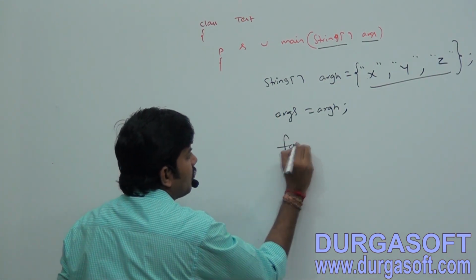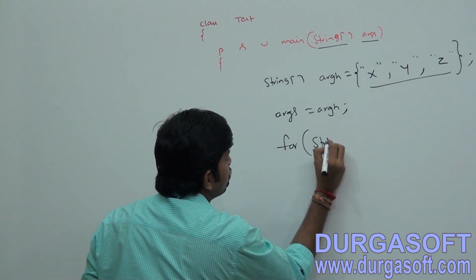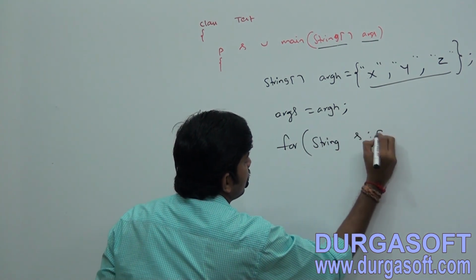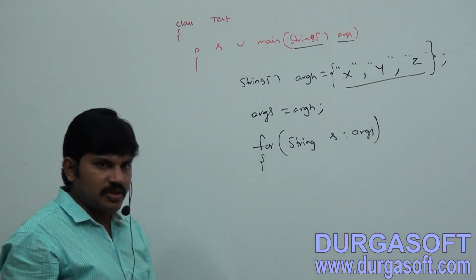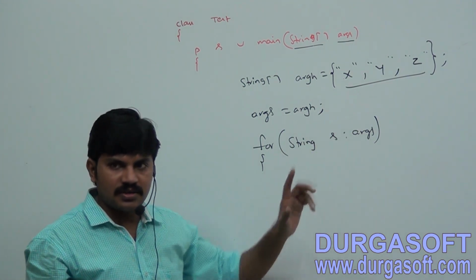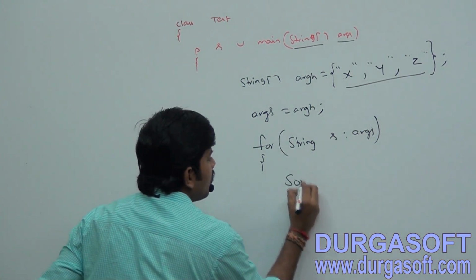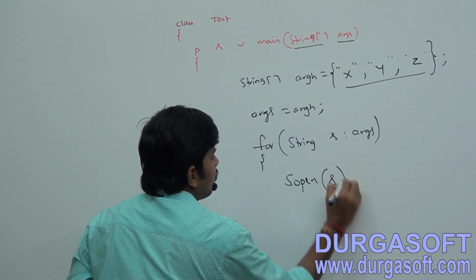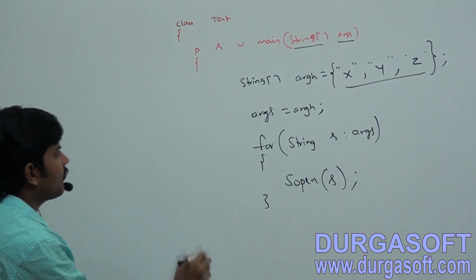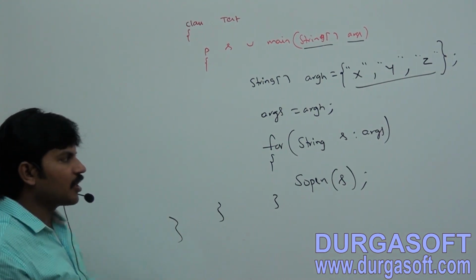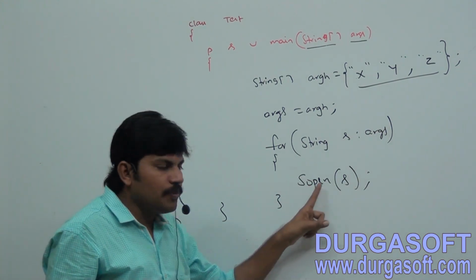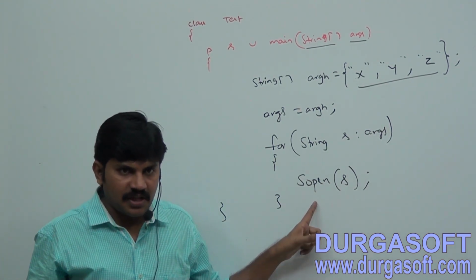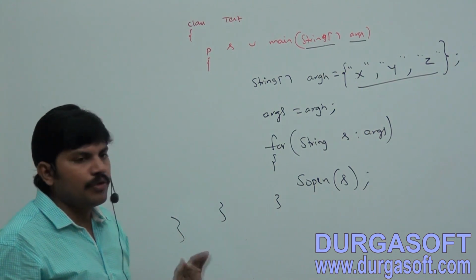Now for each string s in args, System.out.println of s. In the command line arguments, for every string s in args, print s. That is my requirement. Now how can we do that?